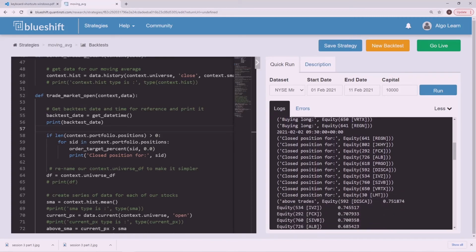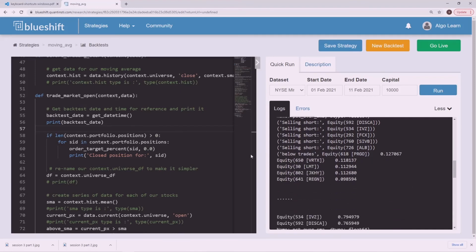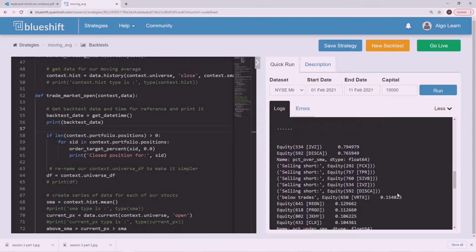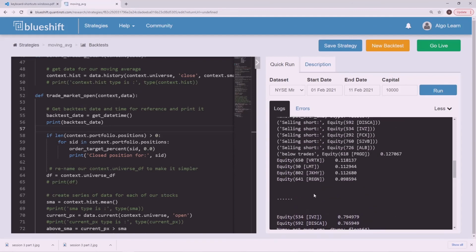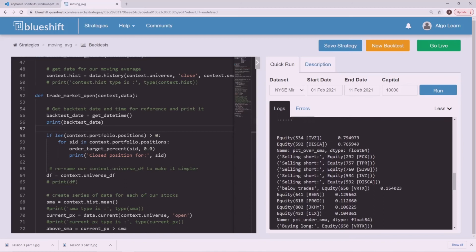And then the next day, the very first thing that we did was we closed out all of our open positions. So we held them overnight, closed them out, and then immediately went into identifying our short trades, did our short trades, and then identified our long trades, and then of course we performed our long trades, and then the logs just advanced towards the end of our time period.